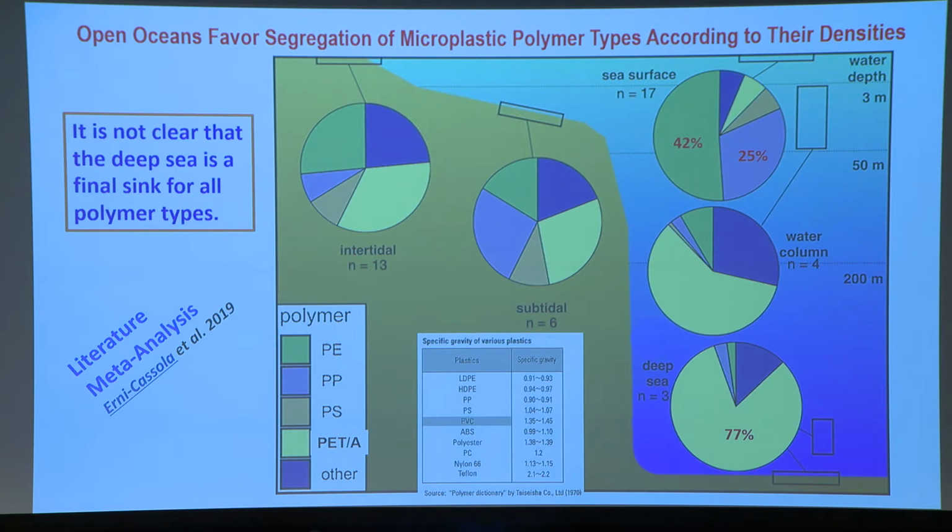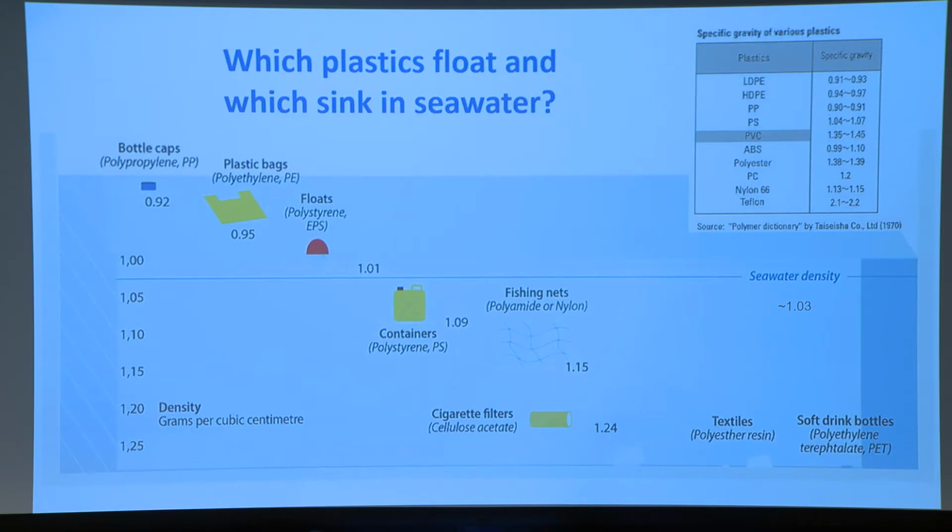It's not clear if the deep sea is the sink for all polymers. So from a practical point of view, we can see the bottle caps, the grocery bags, the styrene floats, they stay on the ocean surface. Other items are somewhere in between.